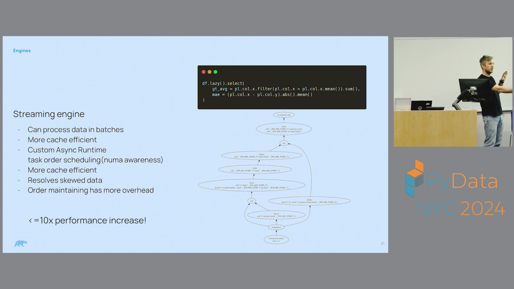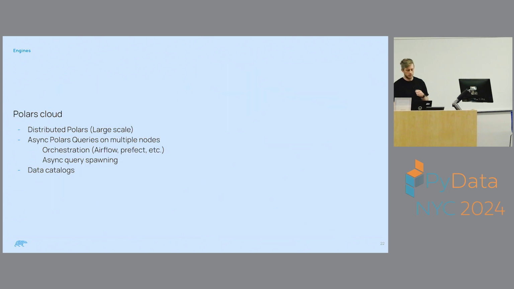So you get these rather complex looking query plans, but they work really great. And as I said, because of the cache efficiency, depending on the query, we can see a 10x performance increase. And also because you tend to load way less data in memory, your cache invalidation is just way less.